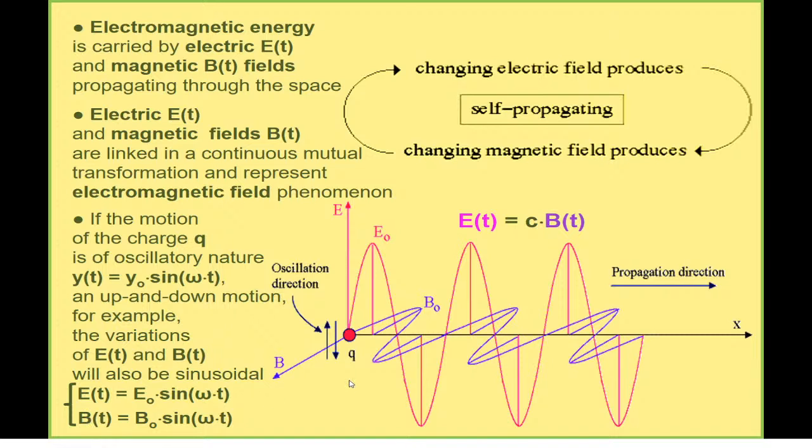What does this mean, the oscillation of the electric field and magnetic field? One more time, it is shown directly. The vector representing the electric field changes its magnitude and direction in space with time. And this change at a particular instant of time is represented by this graph. Same: what is the oscillation of the magnetic field? It is the oscillation of the vector representing the magnetic field in space with time.